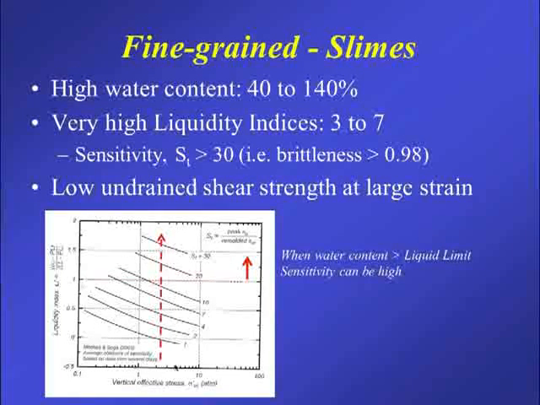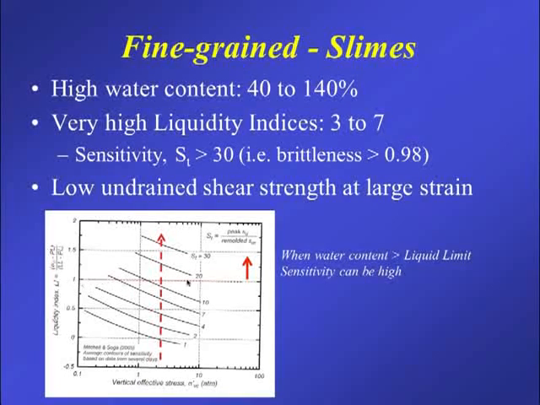And so, here's a nice plot that came out of Professor Mitchell and Soga back in 2005, that showed the relationship between liquidity index, vertical effective stress, and contours of sensitivity.